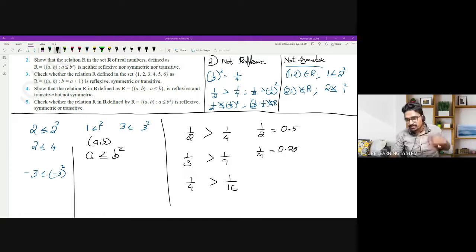One more minute for transitivity of question number 2. Thirty seconds more for transitivity.